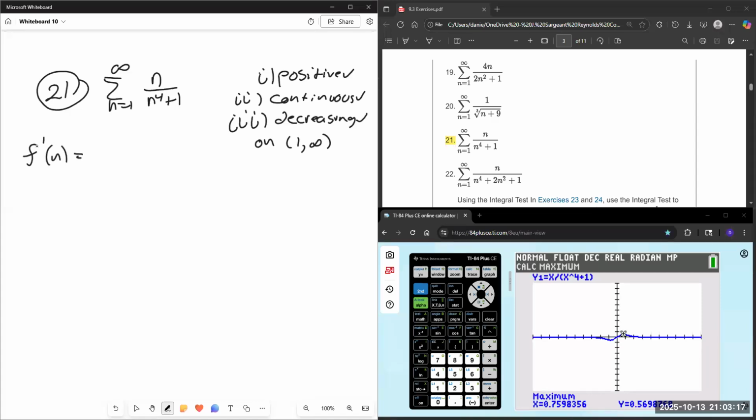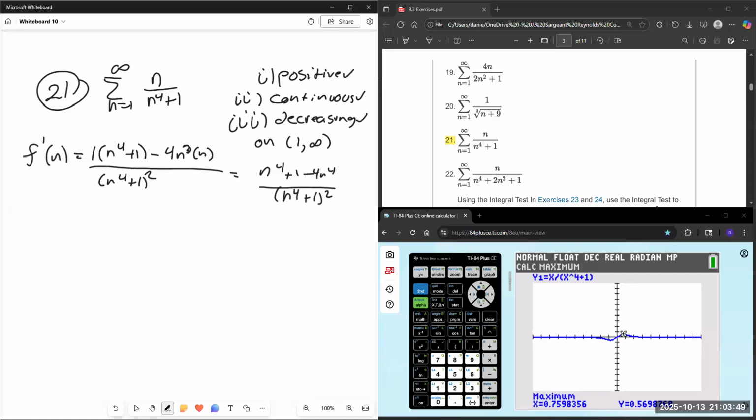Derivative, though, is derivative of the top times the bottom minus derivative of the bottom times the top, all over the bottom squared, equals n to the fourth plus 1 minus 4n to the fourth over n to the fourth plus 1 quantity squared.